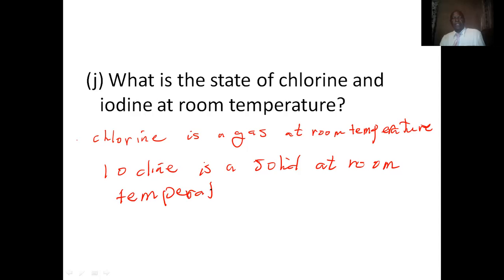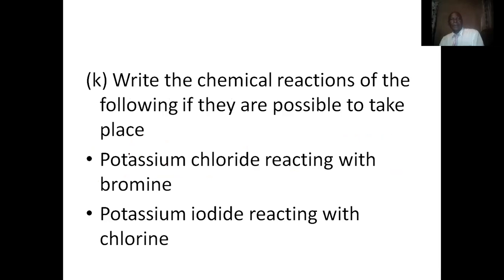At room temperature, chlorine and fluorine are gases, while bromine is a liquid. Then iodine is a solid. That's how the halogens or group 7 elements are.